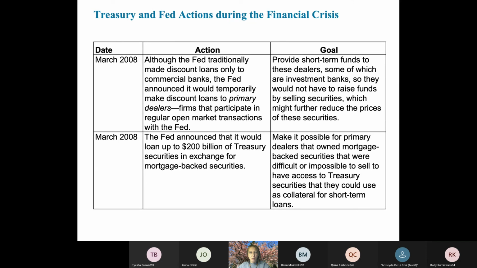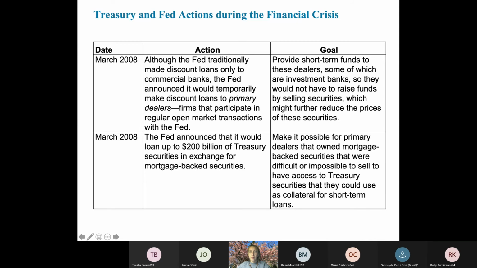These are some of the actions that the Federal Reserve took in order to help the economy during the financial crisis, right? So that includes restoration. Discount loans to commercial banks, and not only to commercial banks, but also to companies.